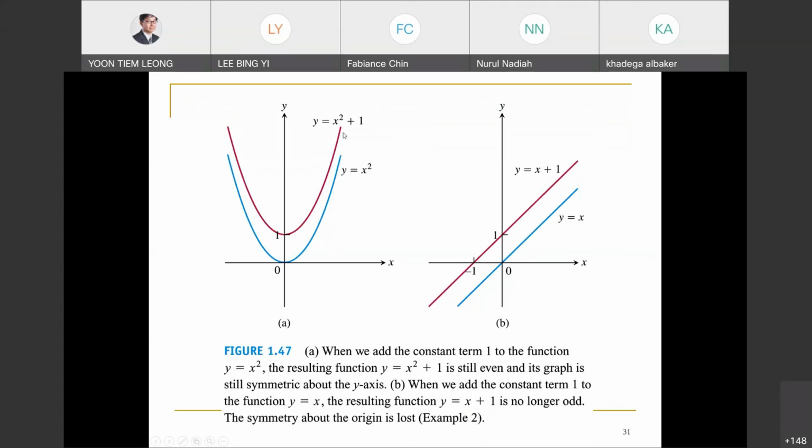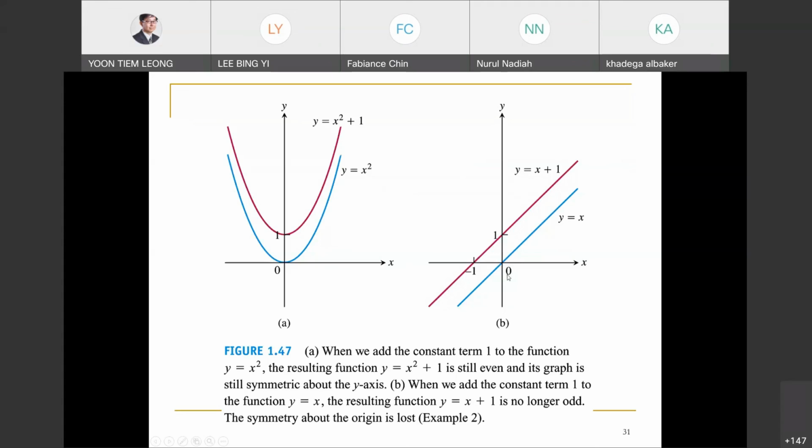Okay, so to be very specific, when the function is even, then it is symmetric when you reflect it about the y-axis. Okay. Then in this case, y equals x is an odd function. So the odd function is not symmetric when it's reflected about the y-axis.